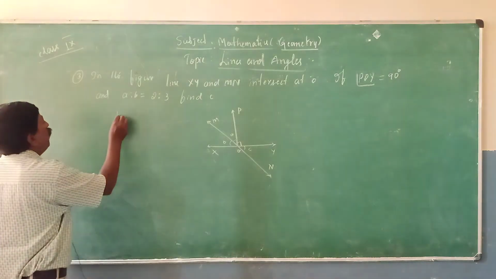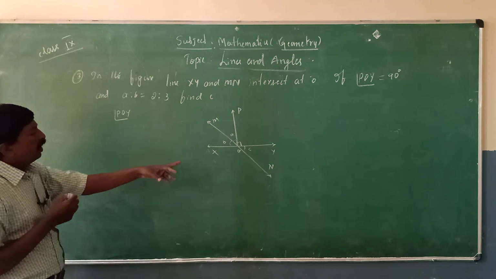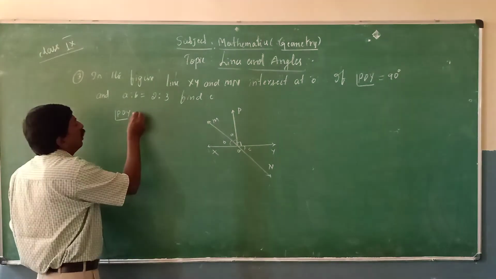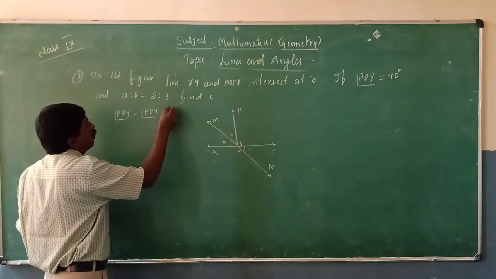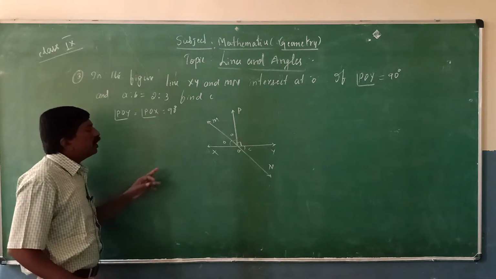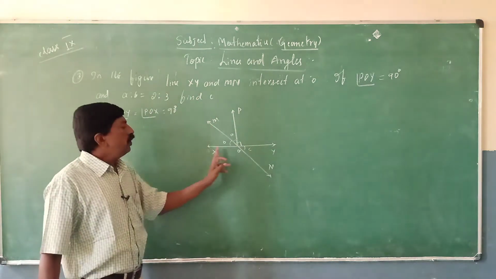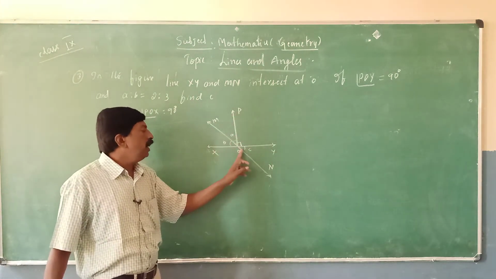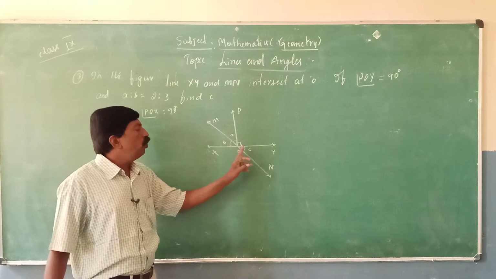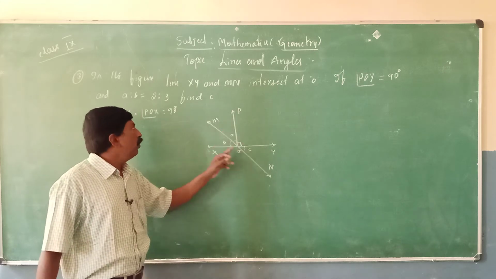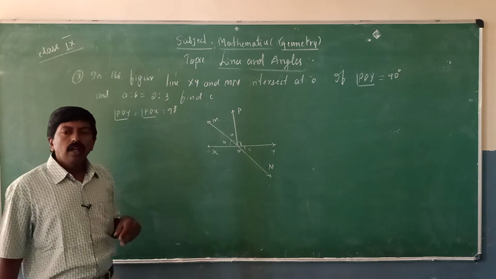Before that, we know that POY is 90 degree, POY is equal to POX, which is also 90 degree, because XY is a line. So XY is a line means OP is always perpendicular to XY, because POY is 90 degree, POX is also 90 degree.